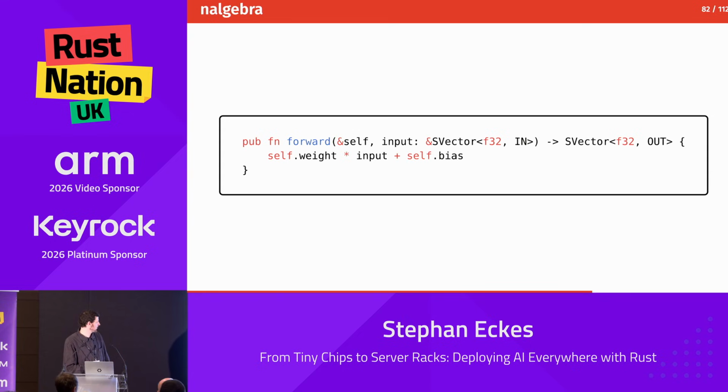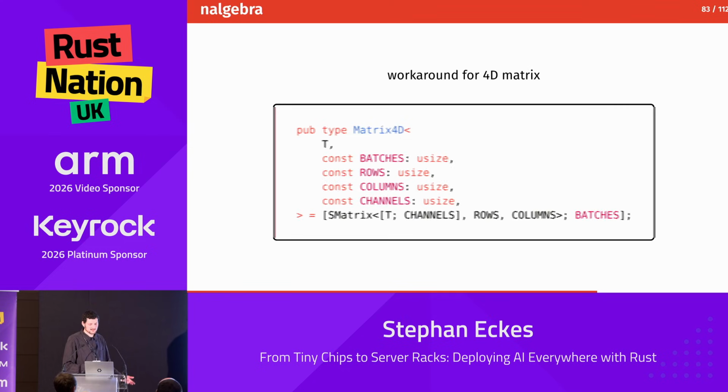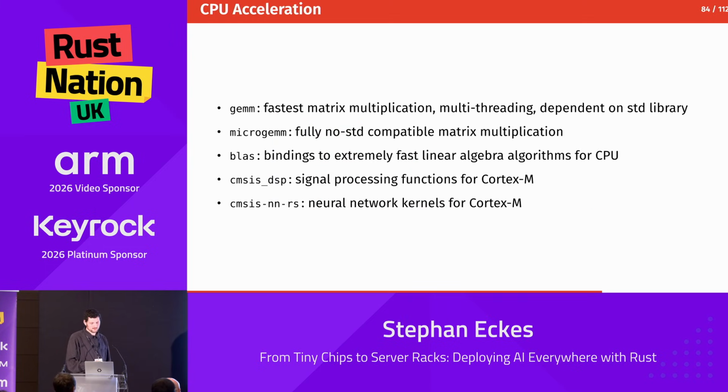So we can just do weight times input, which runs the matrix multiplication here, and then add the bias. And then we have the linear layer with nalgebra. But for 4D matrices, it's getting a bit complicated because we need to build a wrapper basically and have an array with matrices, and in the matrix an array each, and then we have a 4D vector. But yeah, it's not perfect.